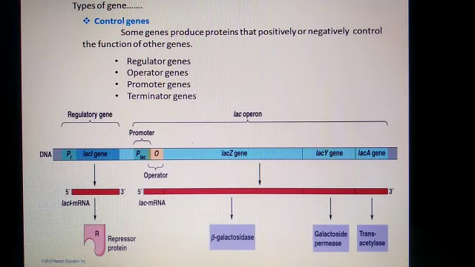So, among the control genes, only regulatory genes produce some products, but the rest of the genes, that is the operator genes, promoter genes or terminator genes, will not code any message for protein products. They are just the sequences of DNA and facilitate the transcription or termination of the transcription.